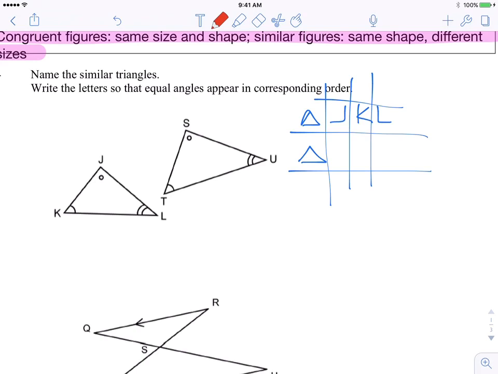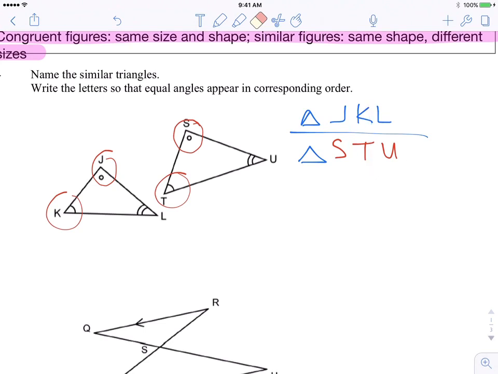Angle J, you'll notice, has that little degree symbol, and so angle J corresponds with angle S. Therefore, I'll write angle S underneath angle J. Under angle K, we know angle K is congruent to angle T. They are the exact same angle, so we put the T under the K. Under L, the only remaining one is U. We don't need to draw the grid, but that's how you want to line those up.